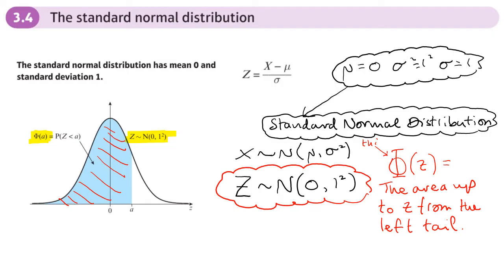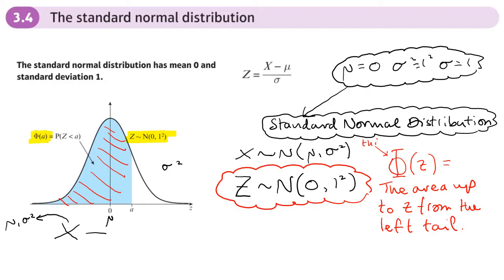Well, if x stands for any type of normal distribution, so this is one where we've got any mean and any variance, I take that value of x somewhere on the axis, and it's a different mean to 0, let's say, and a different standard deviation.